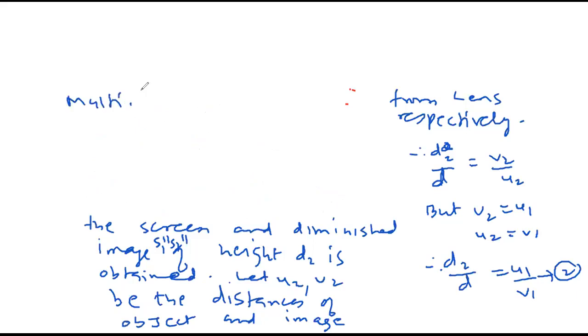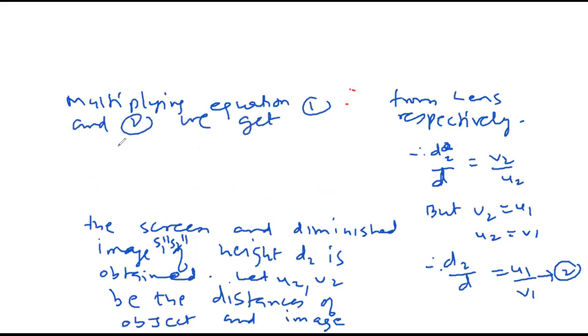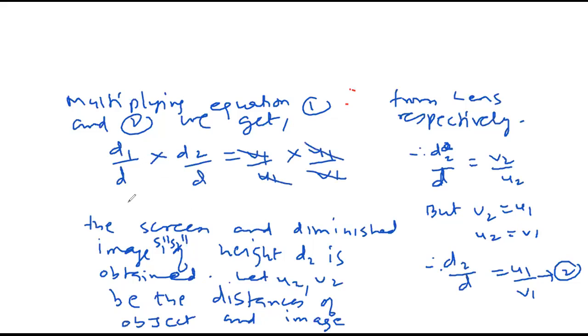Multiplying equations 1 and 2, we get D1 upon d into D2 upon d equals V1 U1 upon U1 V1. V1, V1, U1, U1 cancel.